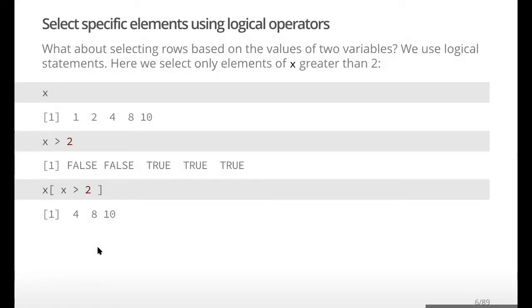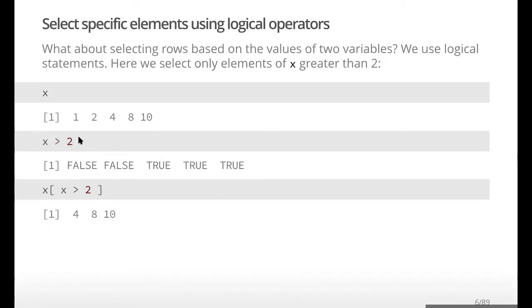So again, we can create logical indicators with vectors using the standard comparison operators: greater than or equal to, less than or equal to, not equal to, or the double equal signs that represent equality. So here we have the vector x, and we're saying is x greater than 2. We see 1 and 2, they are both not greater than 2.